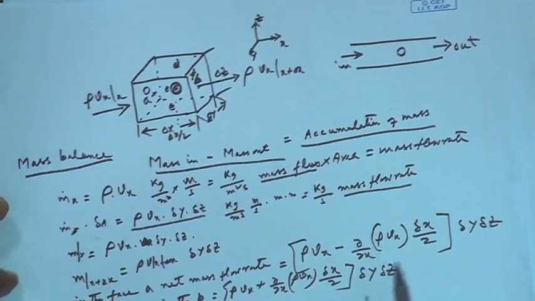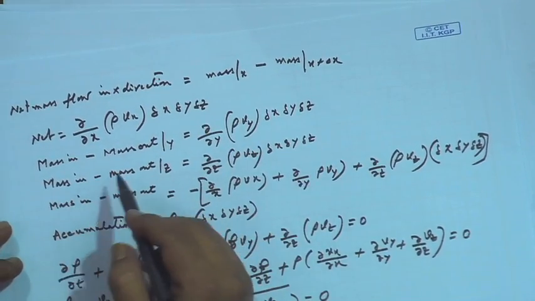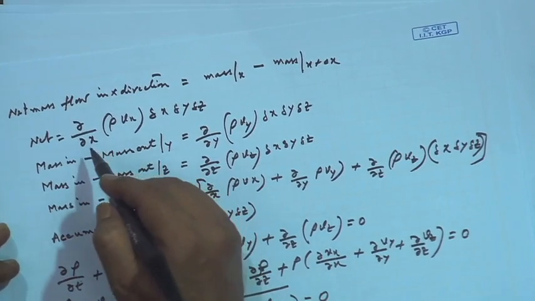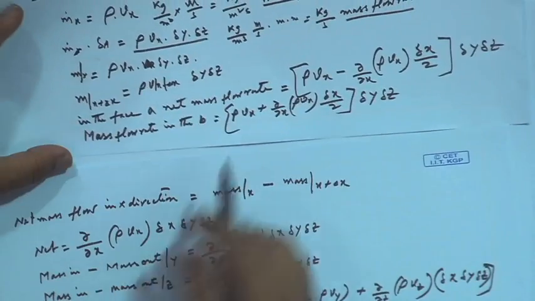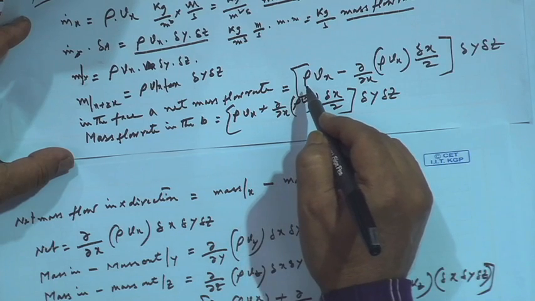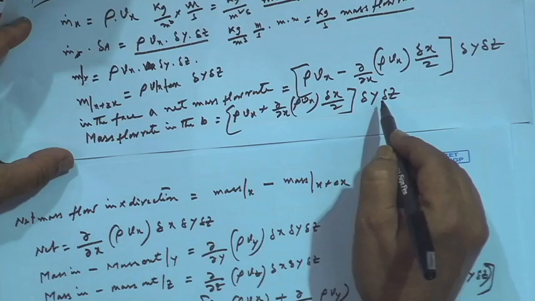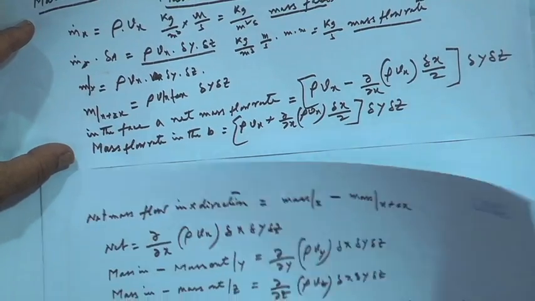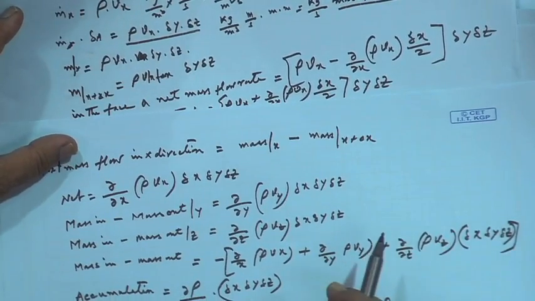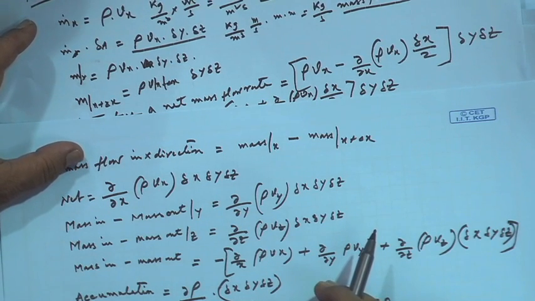So if we added them, then the mass in minus mass out, that we had written, it was del x of rho Vx, how much? So it was like this, okay. So mass in was this and mass out was this. Here, what I said earlier, if you remember, is that we will make some mistake which you can identify.